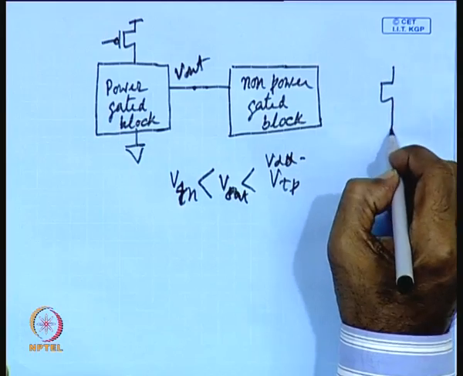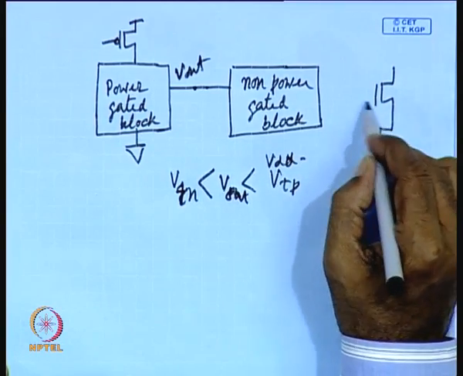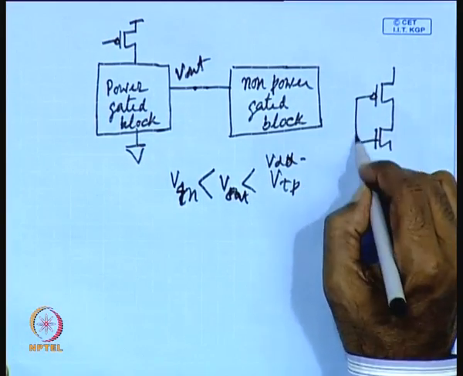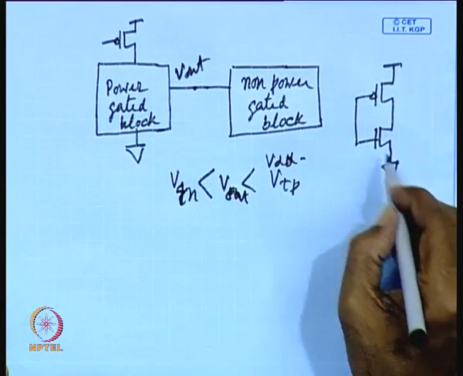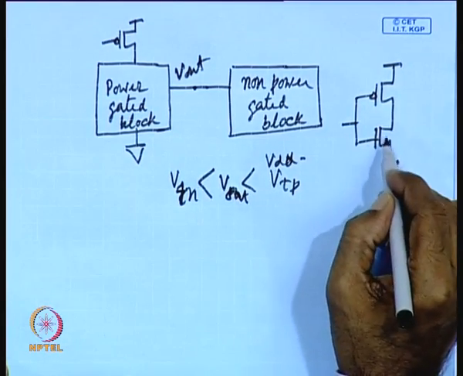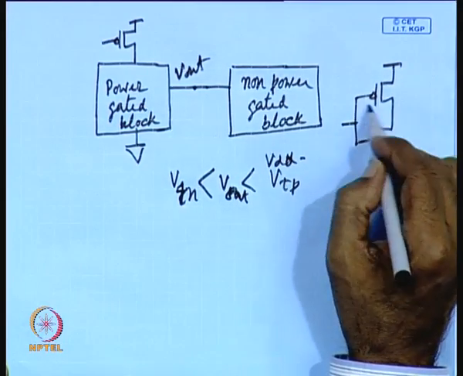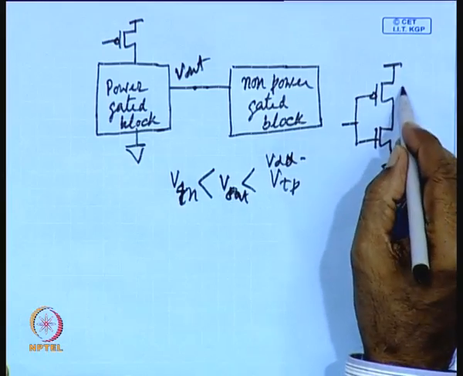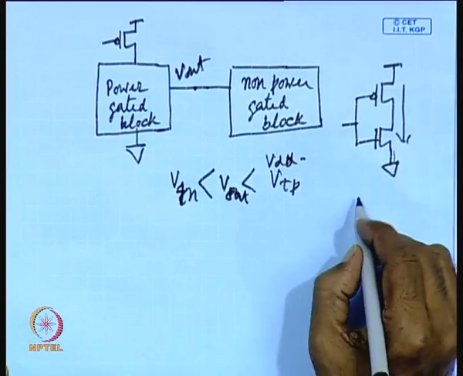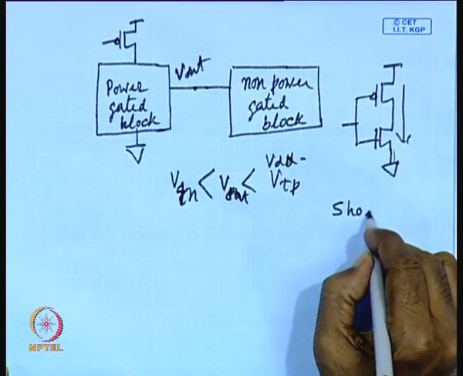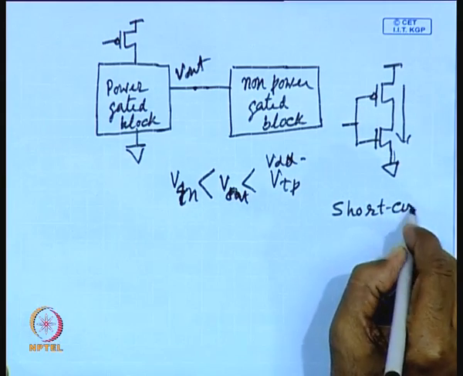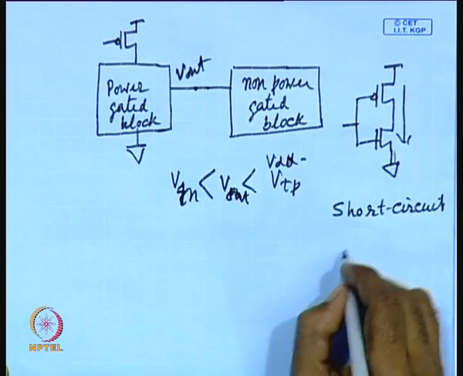As you know, for example, in case of an inverter, if the input voltage is greater than VTN, this transistor is on, and if the voltage is less than VDD minus VTP, this transistor is also on. As a result, both the transistors will be on, leading to short circuit power or crowbar power.